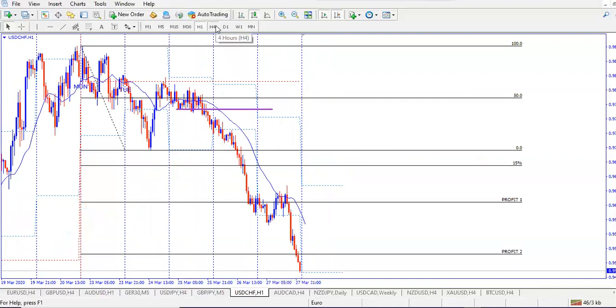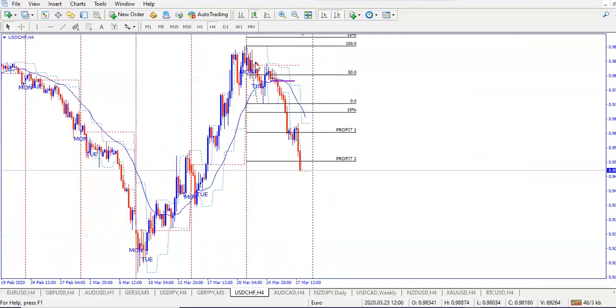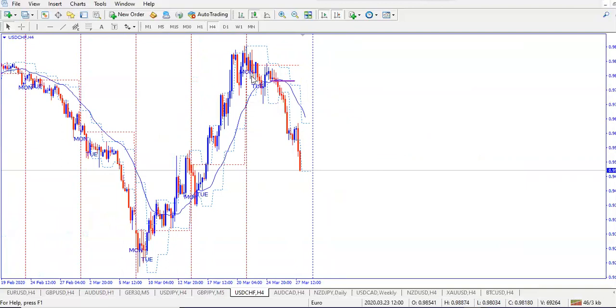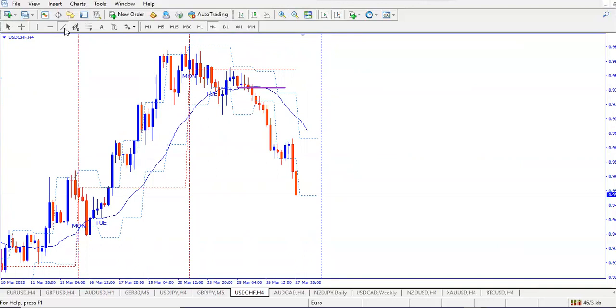USD CHF. It's in a daily bullish area. I think it's going to come up a little bit, back down to check the stops out.